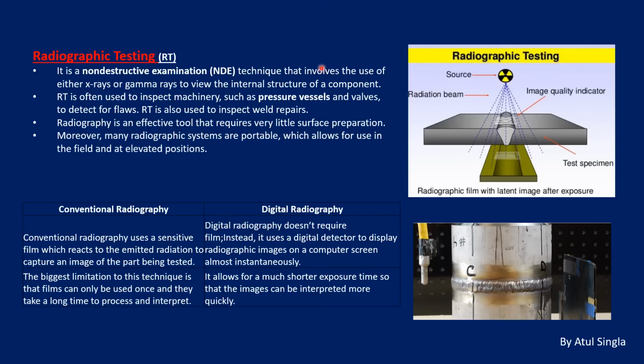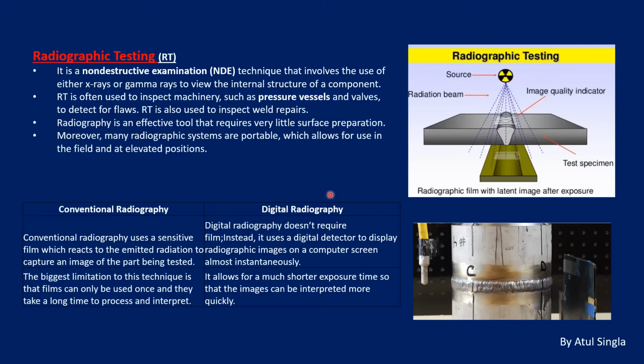If you look at this scenario, here is the source, and these are the gamma or X-rays, and we are trying to get the image quality, right? So this is a test piece where we are trying to perform the radiography. This is how it is actually done at site, right?